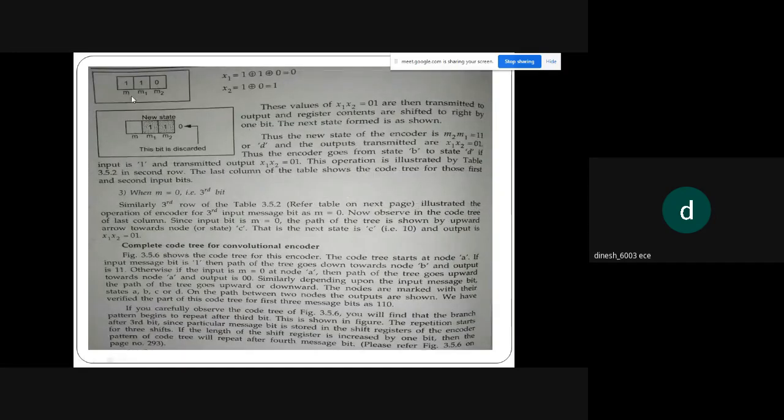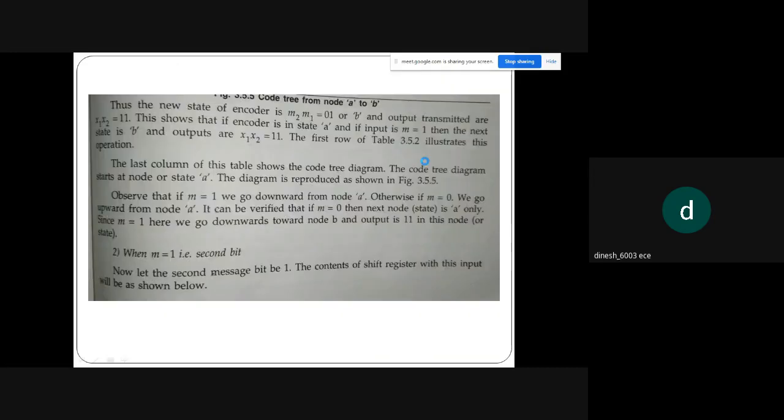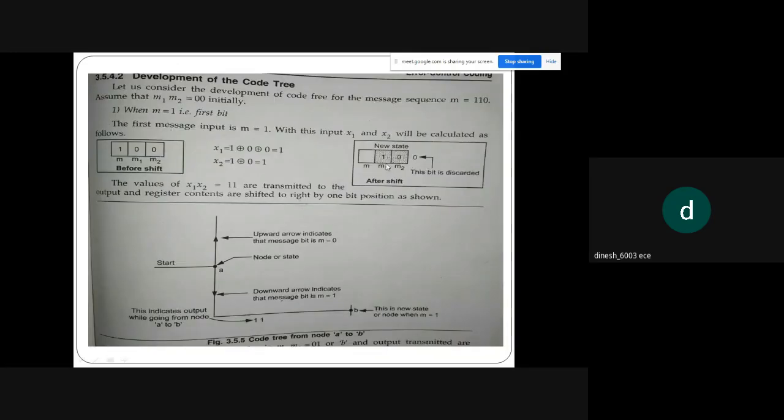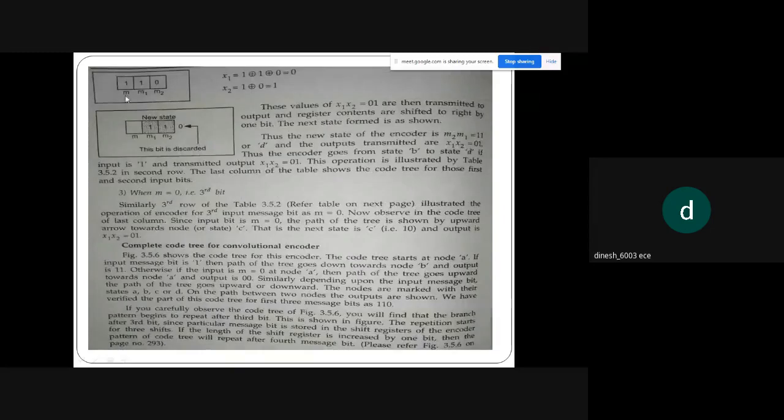So when I send the second bit, we already have M1 equal to 1 and M2 equal to 0. See here in this block diagram, we have M1 equal to 1, M2 equal to 0. In that we are sending M equal to 1.